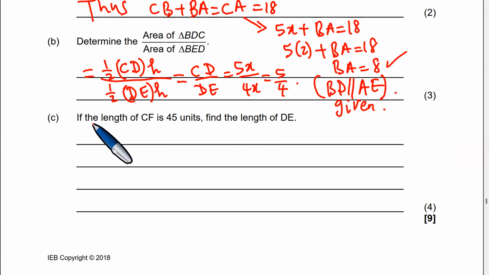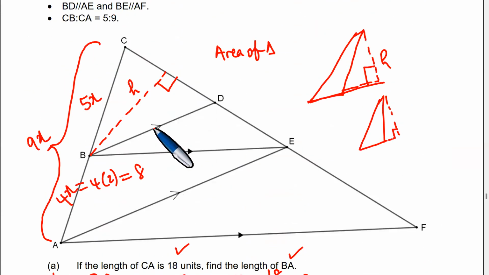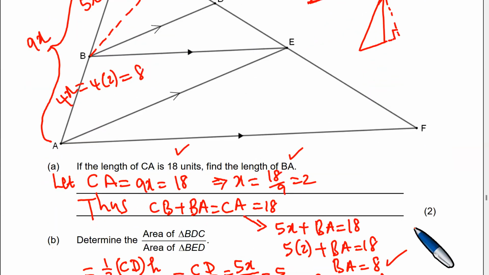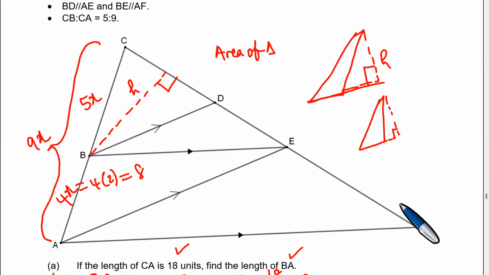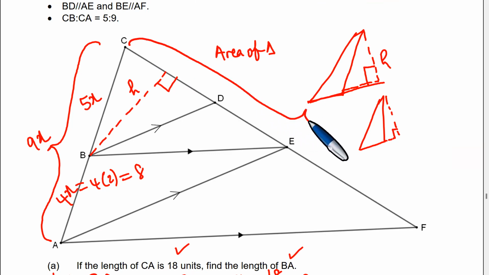If the length of CF is 45 units, where is CF? 45 units, find the length of DE. Let's look at CF. The length of CF is actually 45 units, right? So let me just do this so that we can have an idea of what's happening here.